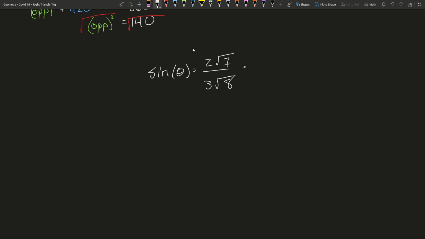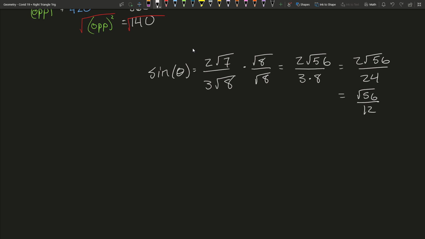And we would do that by multiplying by rad 8 over rad 8, which would be 2 rad 56 over 3 times 8. So it'd be 2 rad 56 over 24, which would be rad 56 over 12. So if those square roots don't cancel out, you still need to rationalize the denominator.